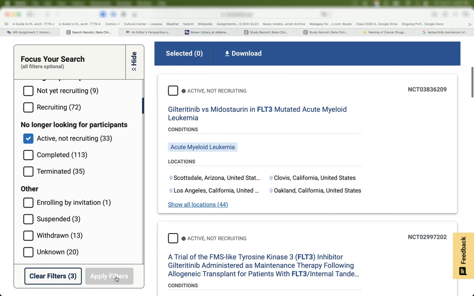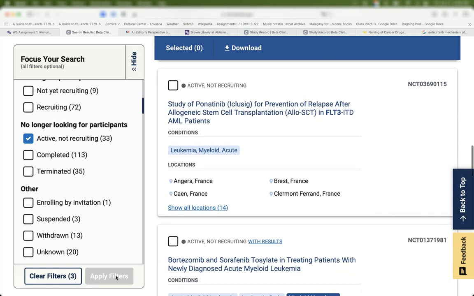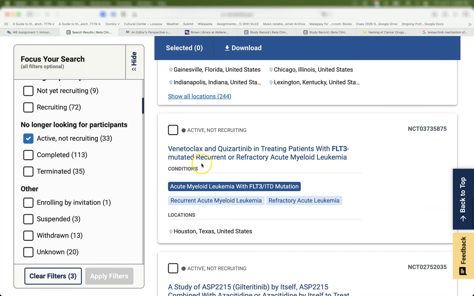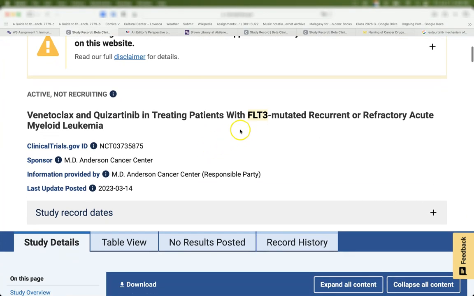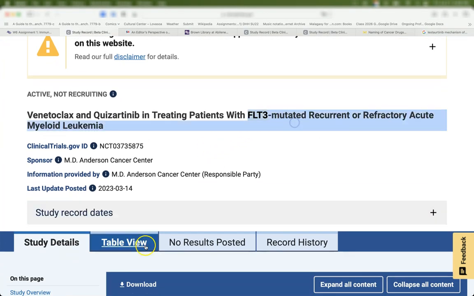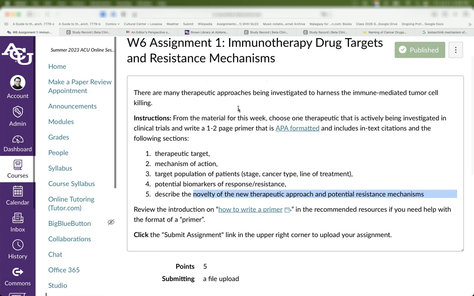And let's say, for the sake of an example, you're looking at this here. We see that they're evaluating it with a mutation, which one? FLT3 mutation positive, so having a mutation there. So we've got some information that you can track down through the normal channels, whether you're looking in a library, in a Google search, or using a database like this.